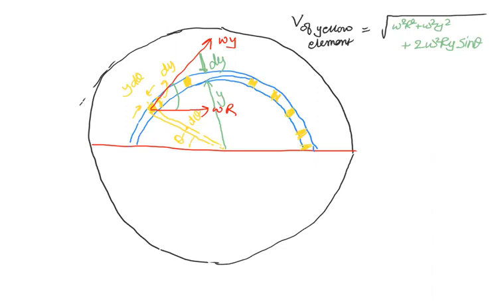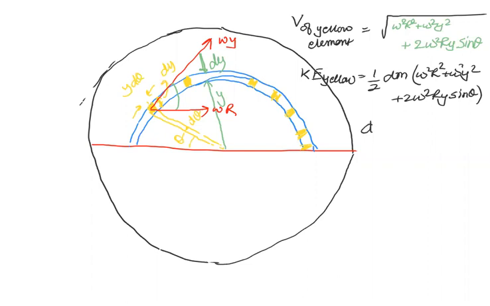Therefore, the kinetic energy of the yellow element will be half dm omega square r square plus omega square y square plus omega square ry sine theta. You can take omega square common. And dm will be equal to sigma multiplied by the area of the object, which is equal to dy into y d theta.